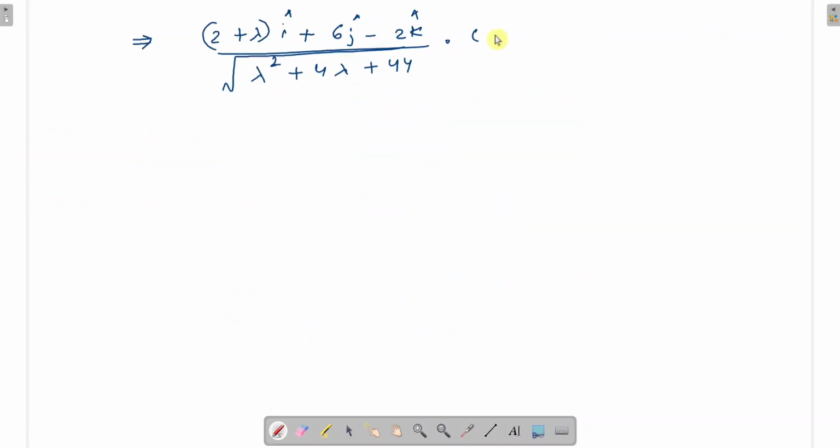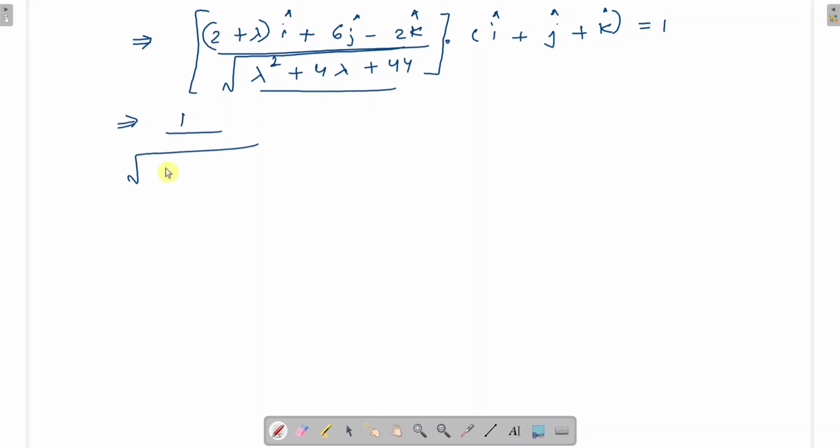Then dot product with this i cap plus j cap plus k cap is equal to 1, right? So this implies, now if we take the dot product of these two vectors, the scalar will come out of the vector, so we will get 1 by root of lambda square plus 4 lambda plus 44, then bracket 2 plus lambda i cap plus 6 j cap minus 2 k cap, right?